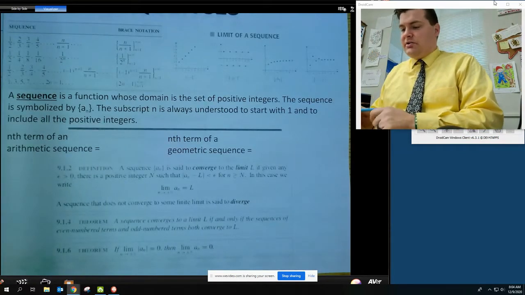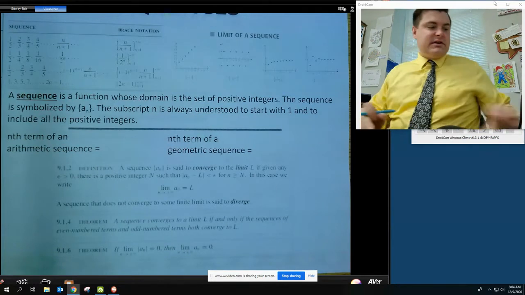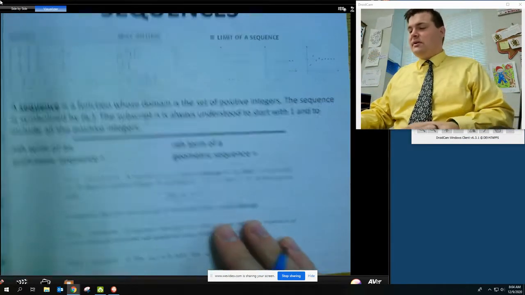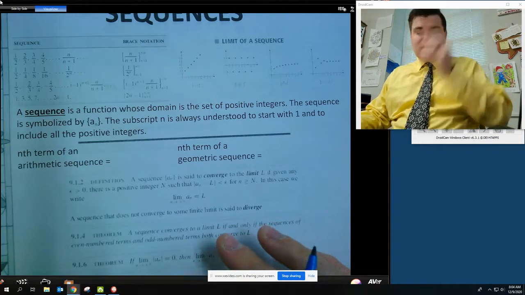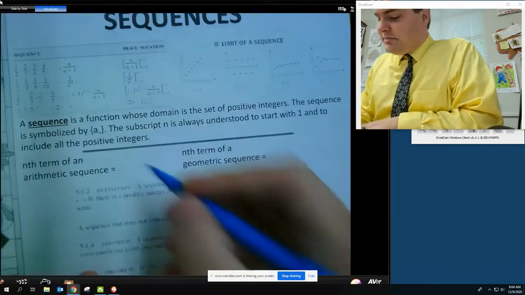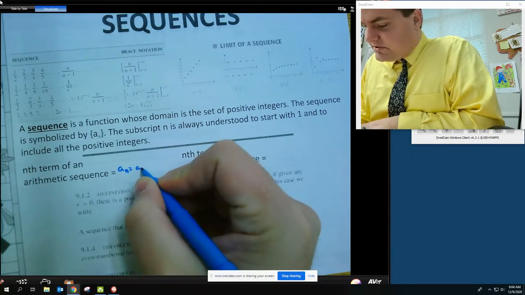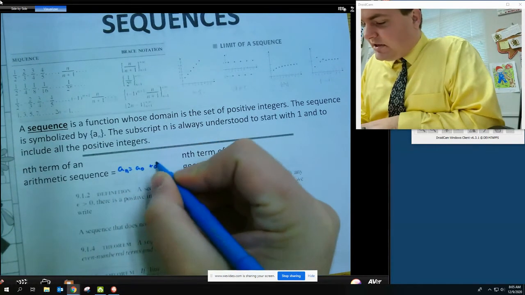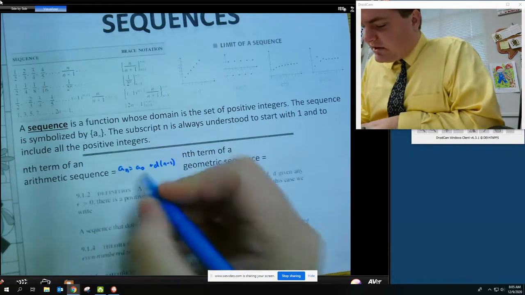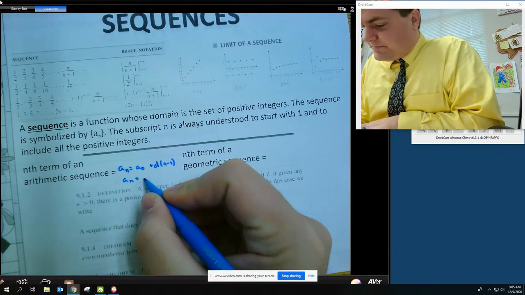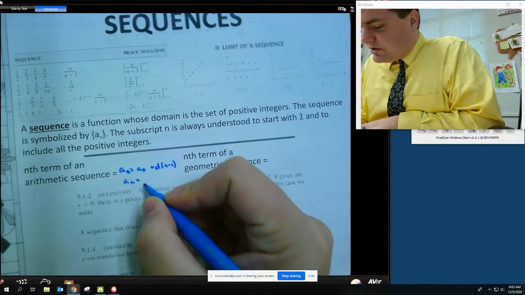All right, the nth term of an arithmetic sequence, you should have learned this back in pre-AP pre-calculus or just regular pre-calculus or whatever they're calling it these days. This is going to be a sub n is equal to a sub 0 plus d times n minus 1. Actually, this should be a sub 1.